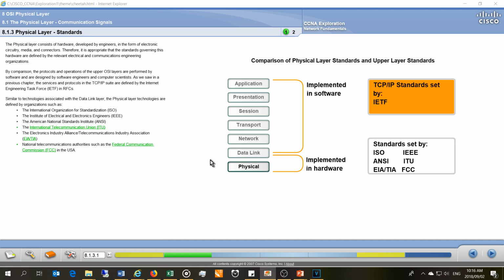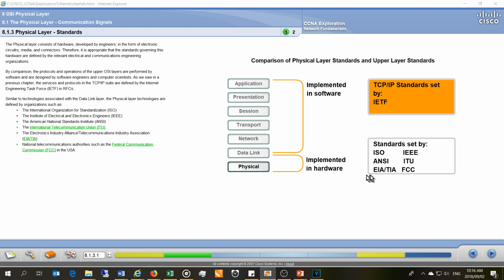Now, having a look at the standards, we can see that there are differentiations made between what is done in software and what is done in hardware. In my previous video, the data link lecture, I explained how the data link marries the software layer into the hardware layer. Now we are busy with the physical layer, which is the layer of just the hardware.